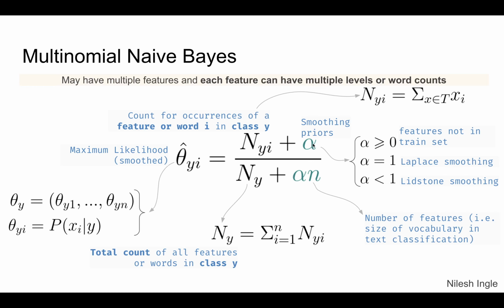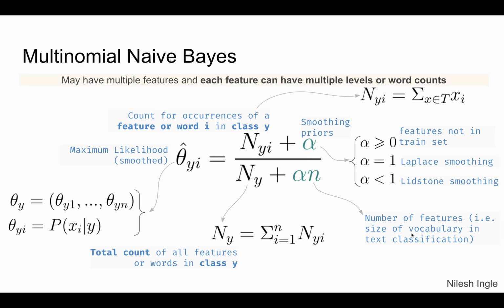And the smoothing parameters are shown here. They can be greater than or equal to 0 and less than or equal to 1, based on what type is chosen. And n denotes the number of features or the number of words in the vocabulary for a document.